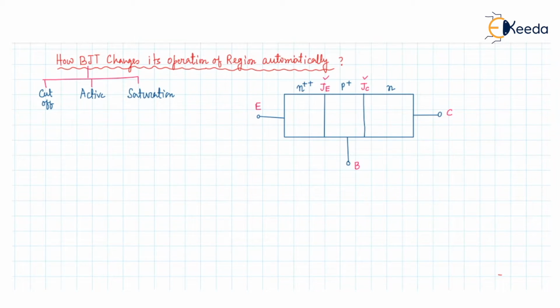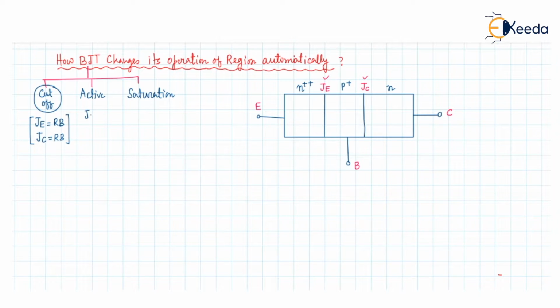Now, if we make the JE junction reverse biased, and the JC junction also reverse biased, in this case the BJT will operate in cutoff.